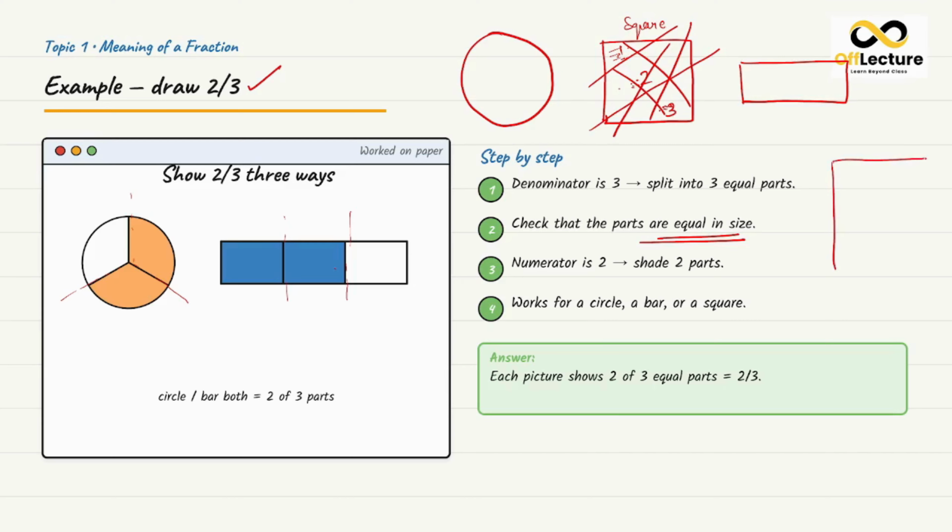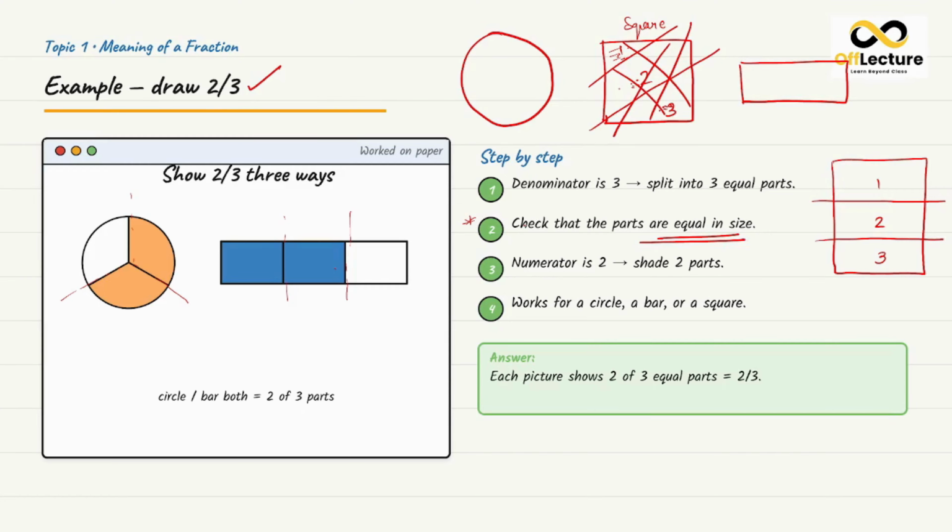But let's suppose we draw one more square. We are trying to build a square, and let's say we try to create 3 equal parts of it, and now these parts are equal. Okay, so here we can build the fraction. So this point is very important, that you have to check whether the parts are equal in size or not.